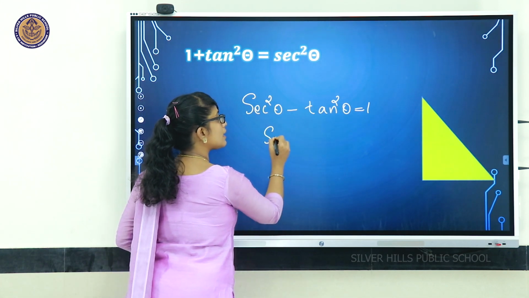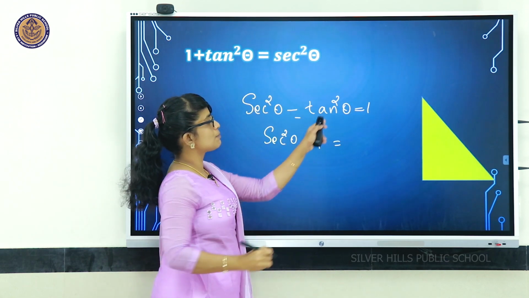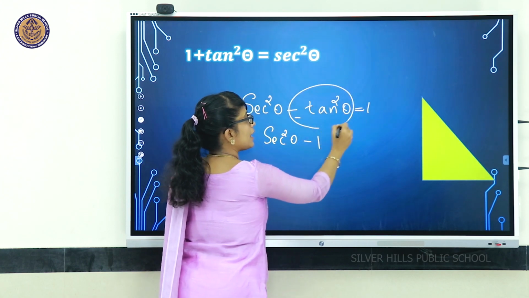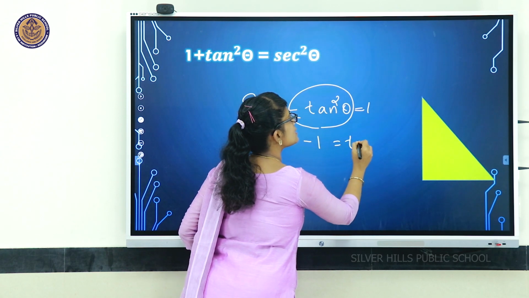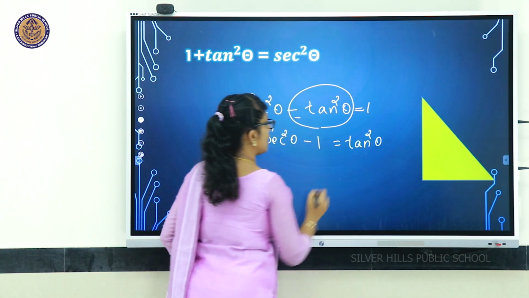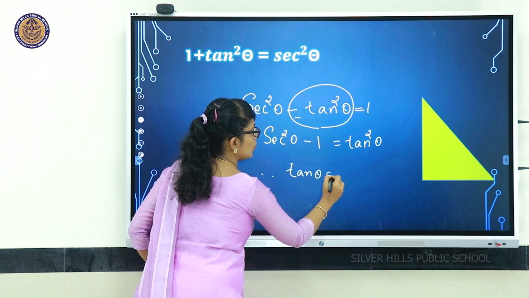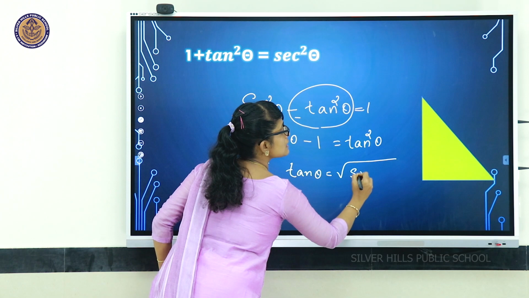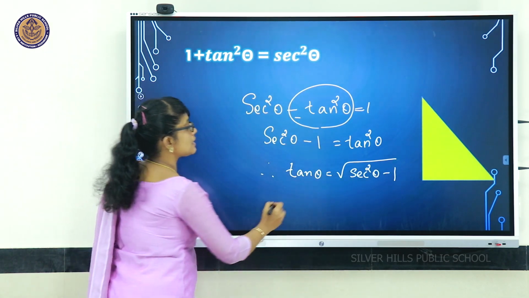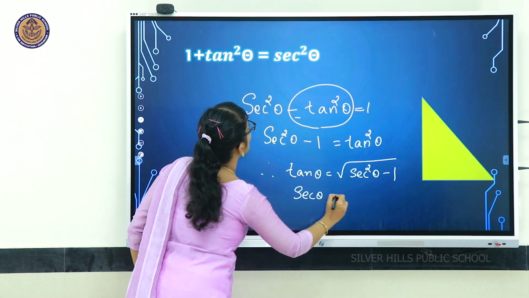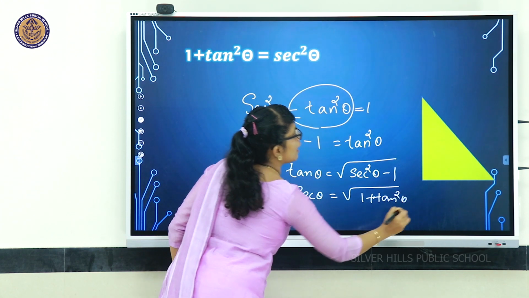Then sec square theta minus 1 equal to tan square theta, this minus tan square theta we transpose to the other side. Therefore we can write tan theta equal to root of sec square theta minus 1 and sec theta equal to root of 1 plus tan square theta.